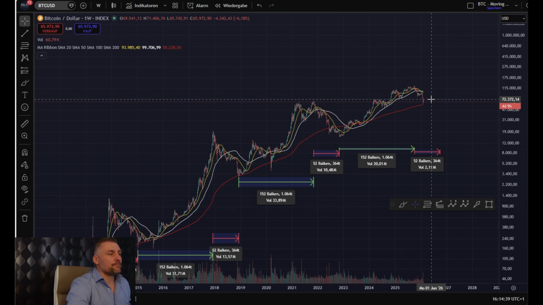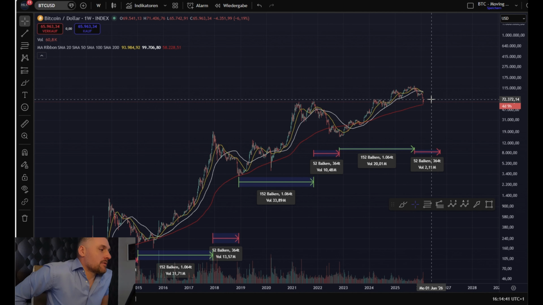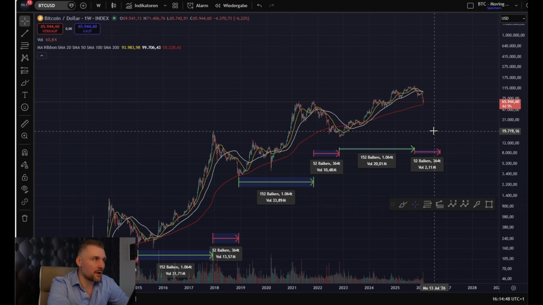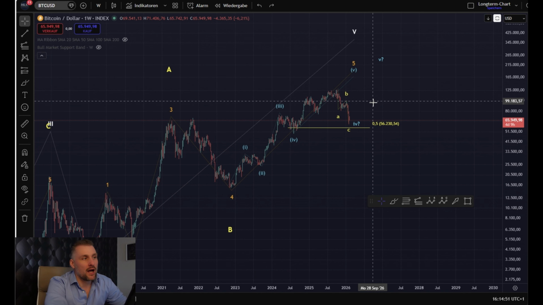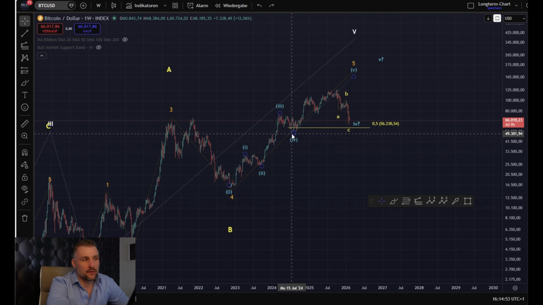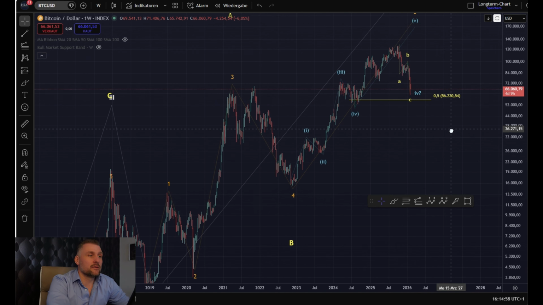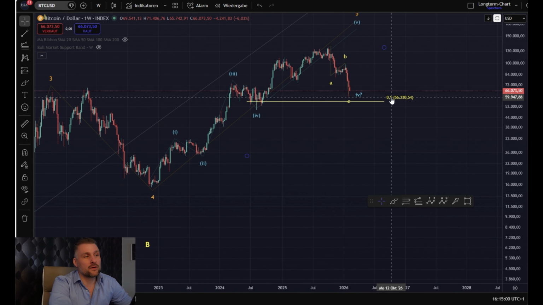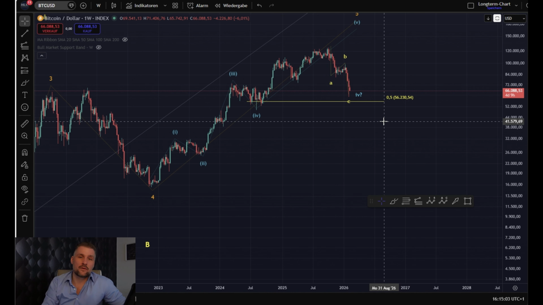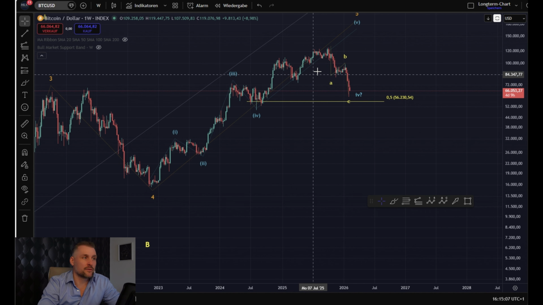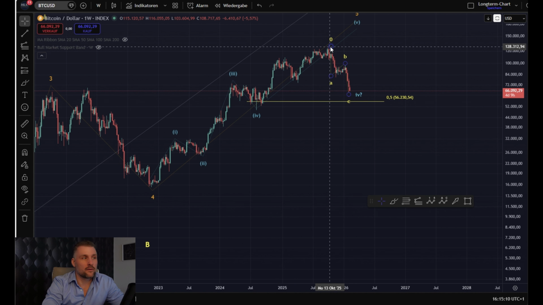I mean, yeah, the arguments, or the probabilities, are very high that we already saw a top in wave 5 here, and that the wave 4 was here. We get a confirmation actually only when we break below the 56,230, because that's a key support if we measure the length here from wave 2 to the high here of the potential wave 3.